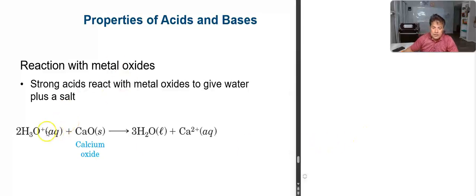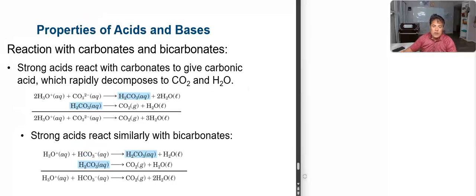Again same thing, a strong acid reacts with a metal oxide to give water plus salt. Now let's see again, a stronger acid reacts with carbonates to give carbonic acid, which rapidly decomposes to carbon dioxide and H2O. So 2H3O+ plus CO3 2 minus gives you H2CO3 plus 2H2O.